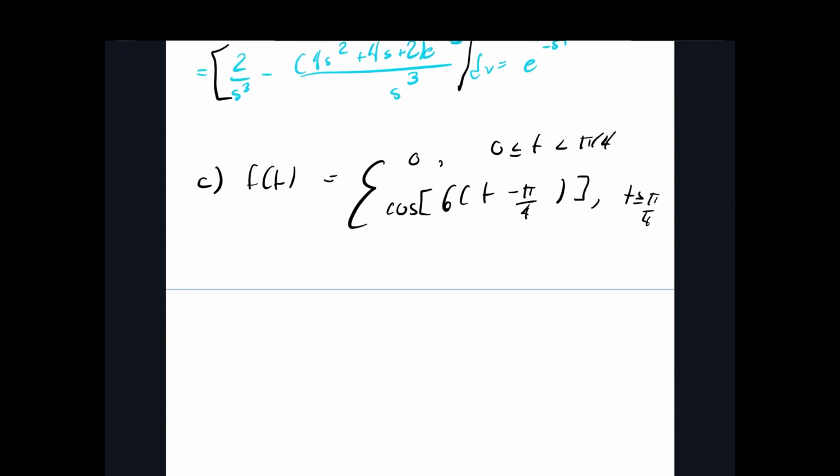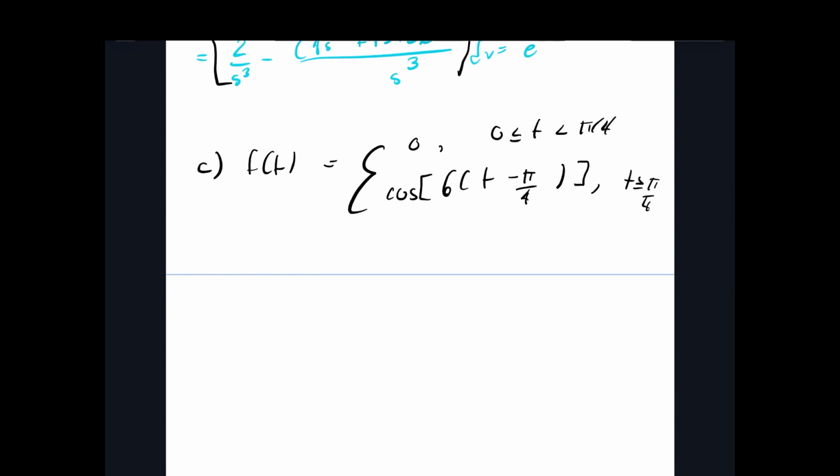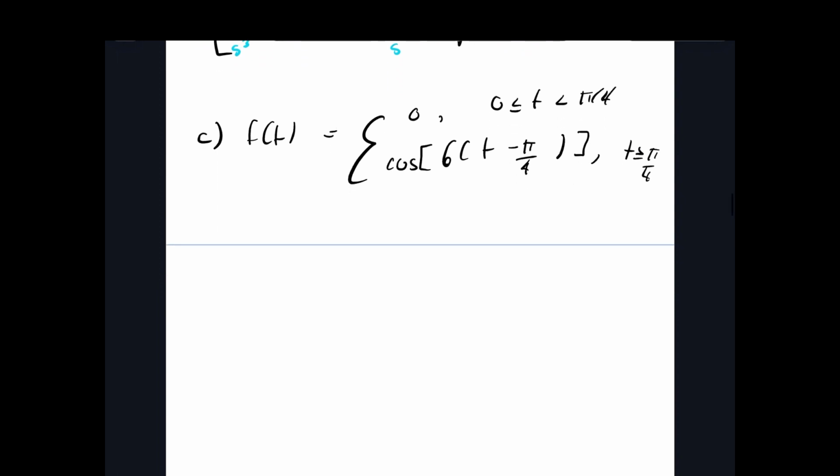So with this one, we're given very clearly that when we write our f at t, our first function g at t is 0, and then we're adding our second function, cos 6t minus pi over 4, minus 0, and then multiply this by u at t minus pi over 4.